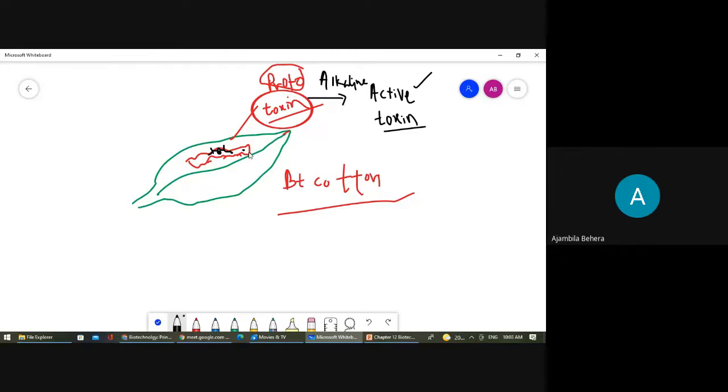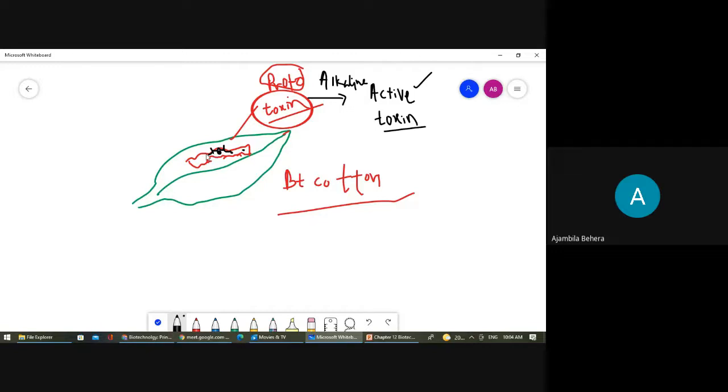So it is a prototoxin that is generally produced in the plant, and when the insect feeds on the leaf, the prototoxin goes inside, and in the midgut of this organism, it is activated with the help of alkaline pH into the active toxin.